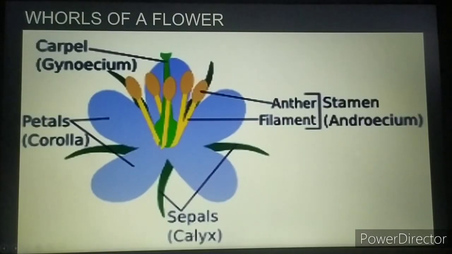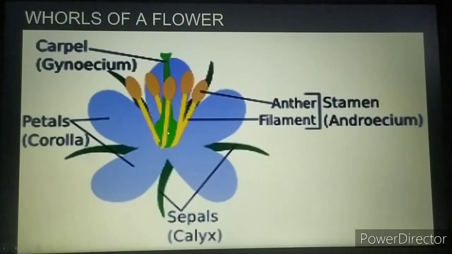In detail you can see this green leafy structure which we find at the base, these are the sepals. The colored segments of the flower, here shown in blue color, but generally we have red color in hibiscus or China rose, is the corolla.